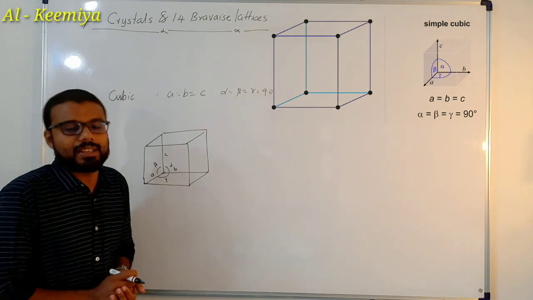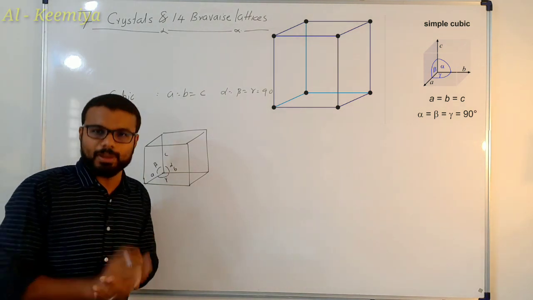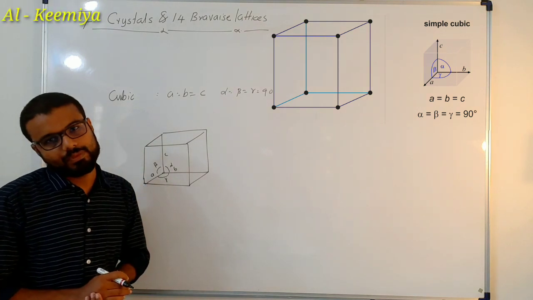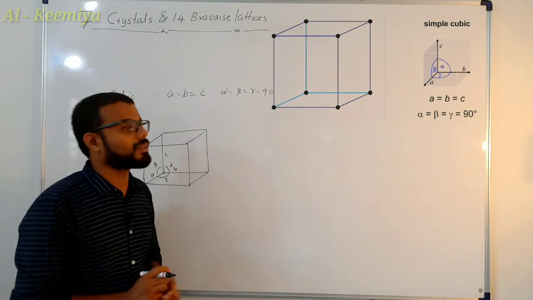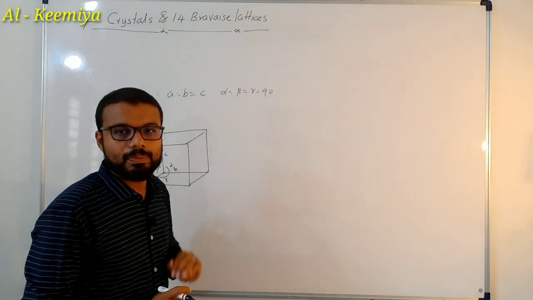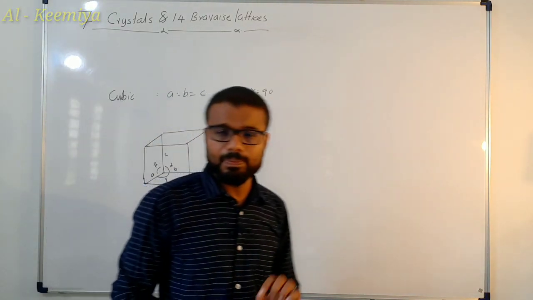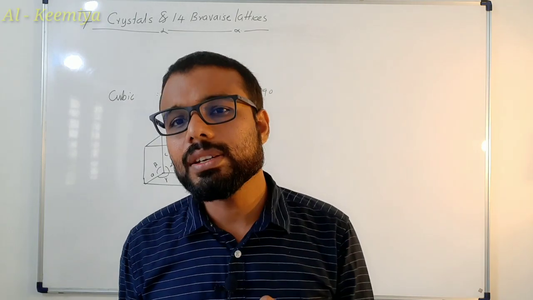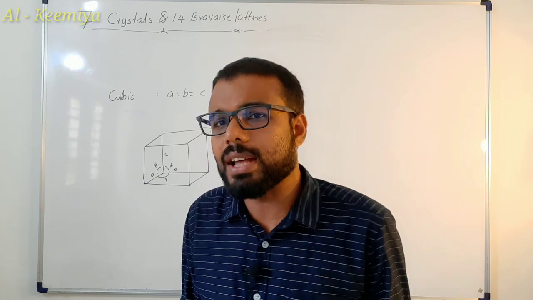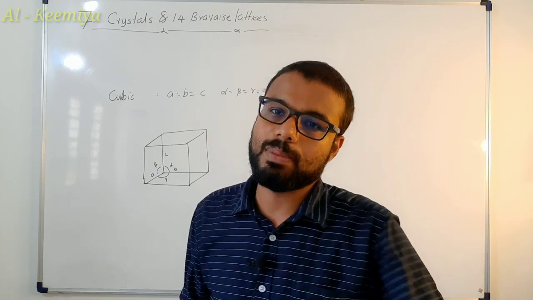Suppose if someone says it is a cubic crystal, what types of unit cells are possible here? In this case, we have 3 types of unit cell: primitive or simple, body centered and face centered. You can ask what type of unit cells are present in this.